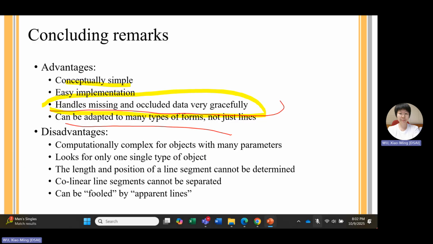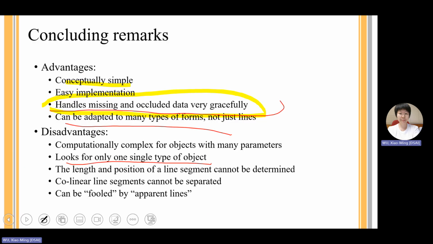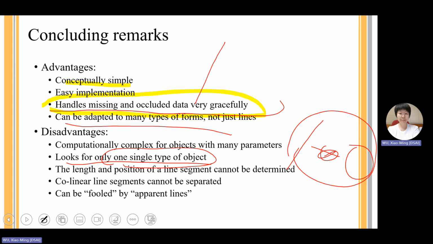But it cannot simultaneously detect, for example, lines and circles. It can only look for one type of object. We can either apply it to identify lines or circles, but we cannot apply one Hough transform to identify both.